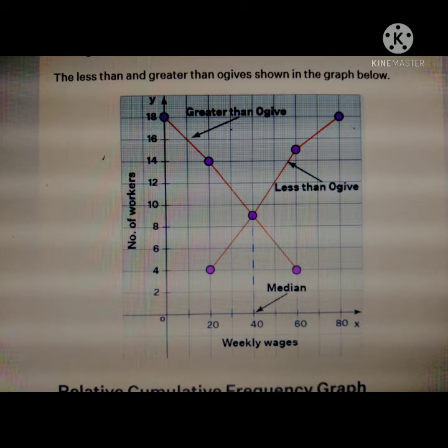So the less than cumulative frequency curve is from the upper limits of the x-axis to the y-axis. Then the greater than is from the lower limit of the x-axis to the y-axis.